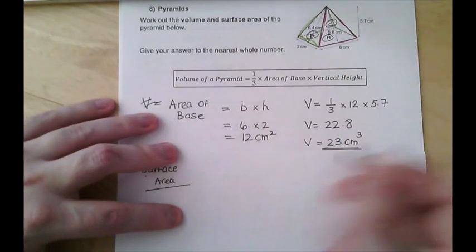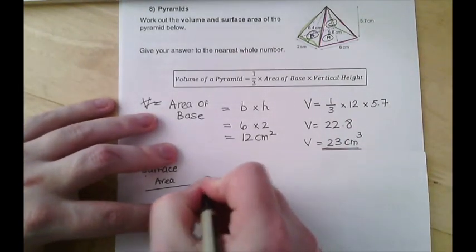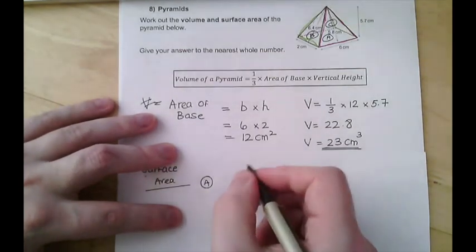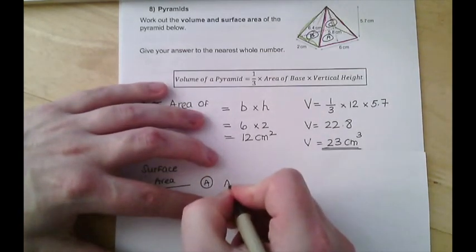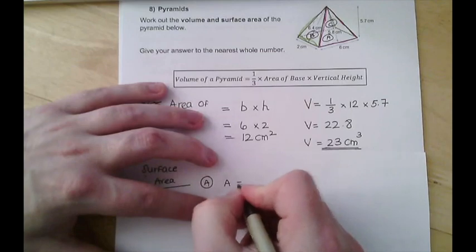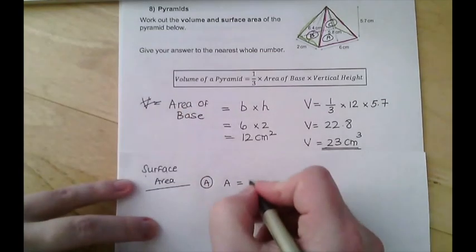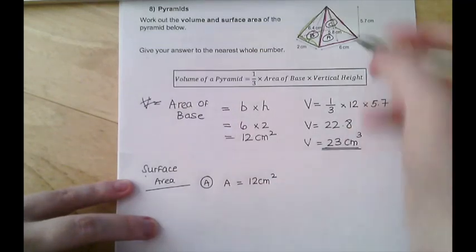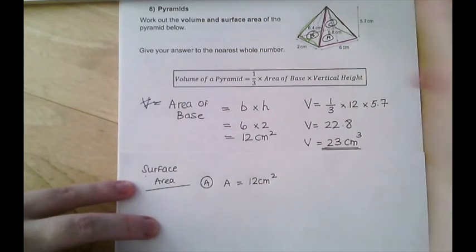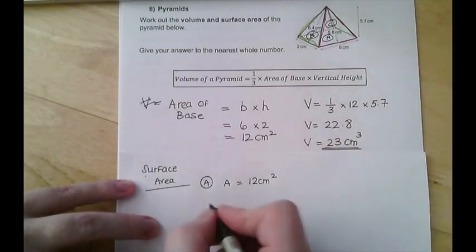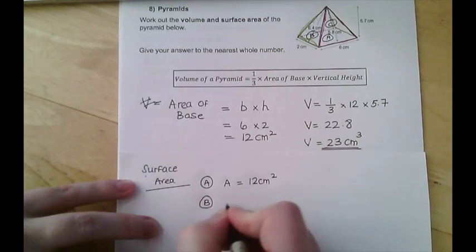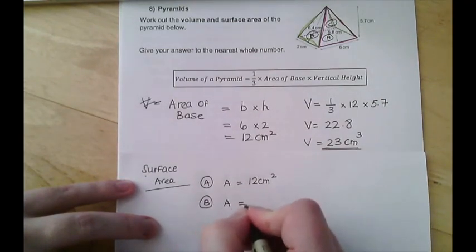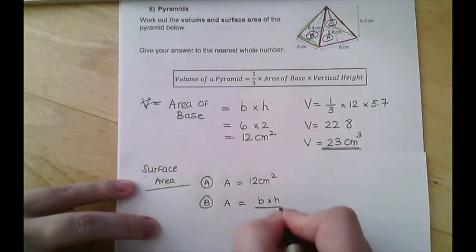So if we look at the base, and we call that A, it is a rectangle, and we already know that that has an area of 12 centimetres squared. If we look at the left hand side, so this green triangle here, we call that B, and as I said, it's a triangle, so it's base times height divided by 2 for its area.